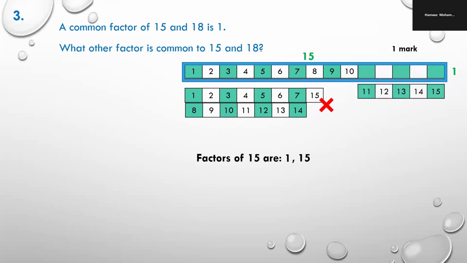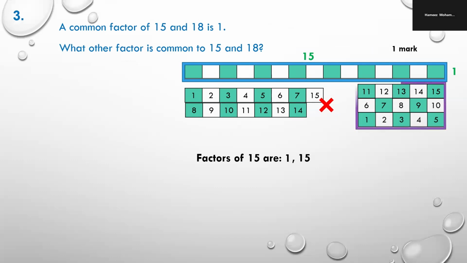So if we have 15 of them, we could bring down 5, and let's bring another 5, and another 5. Does that give us a rectangle? Surely it does. So let's form this rectangle, and what do we know about the sides? One side is 3, and the other side is 5. So the factors of 15 are, we formed one large long rectangle, 1 by 15.